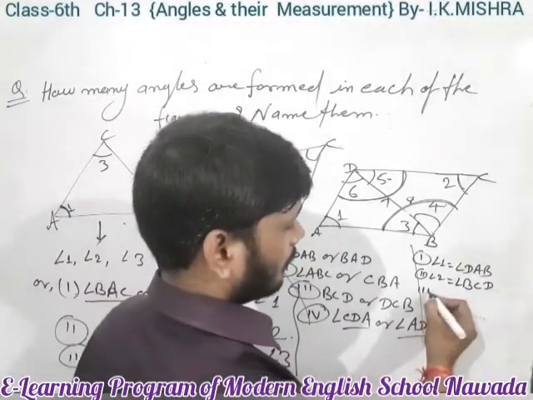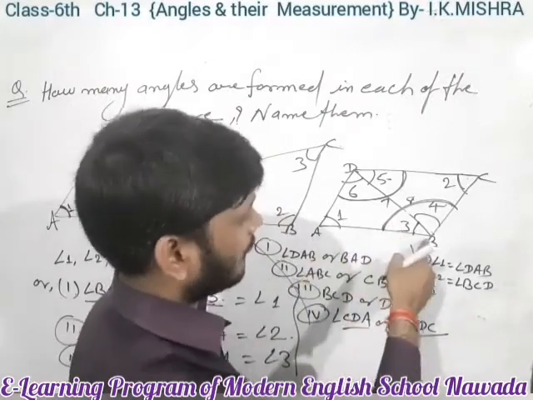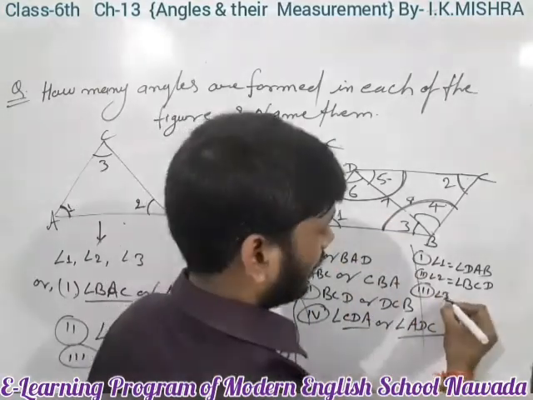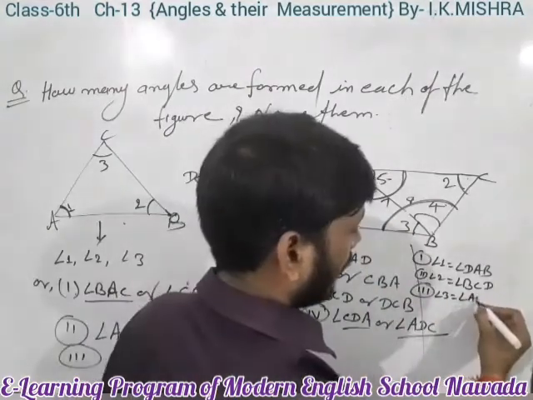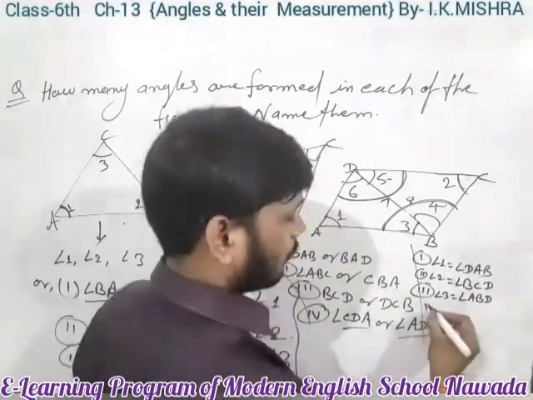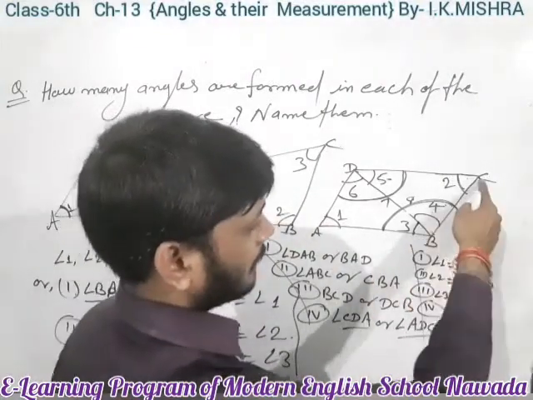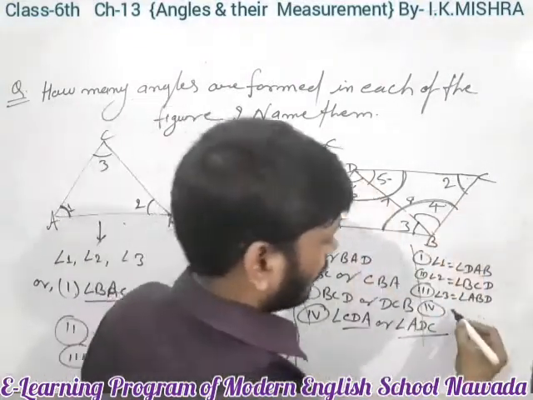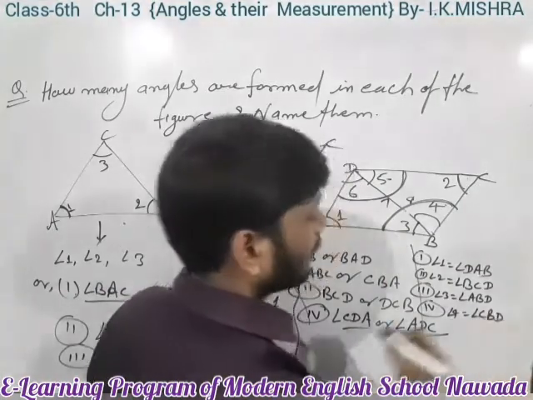Now here number 3 is angle ABD. Angle 3 is equal to angle ABD. Number 4 is here, that means CBD. Angle 4 is equal to angle CBD.